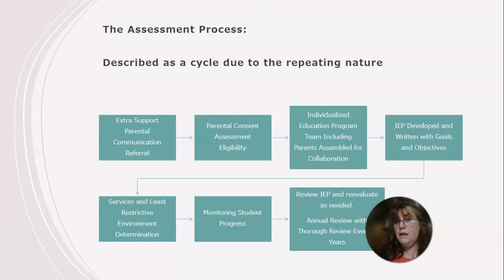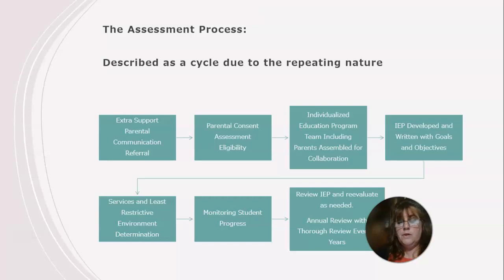If the student is eligible for special education, then parental consent is again obtained, and an IEP is developed. The individualized education program team is assembled, and it's developed and implemented with written goals and objectives.